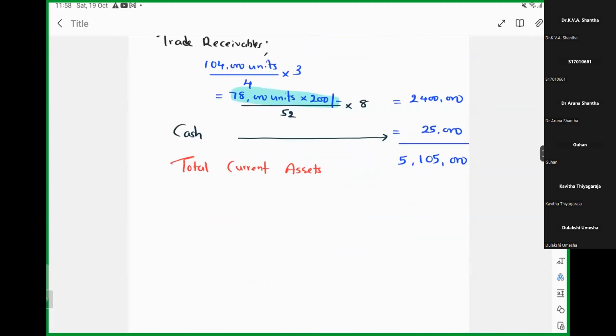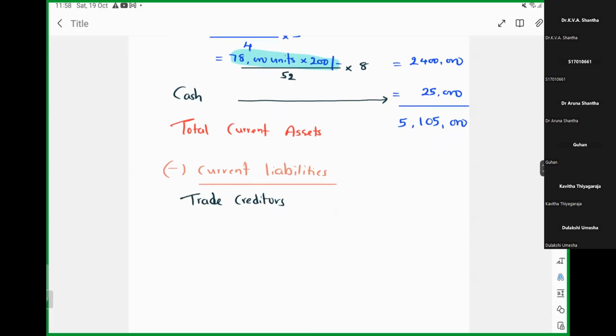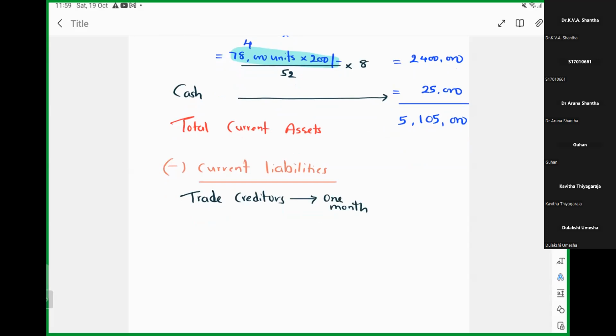So you have current liabilities, trade creditors. You see trade creditors 1 month. Then you take the total purchases and take 1 month of purchases. How much are the total purchases?